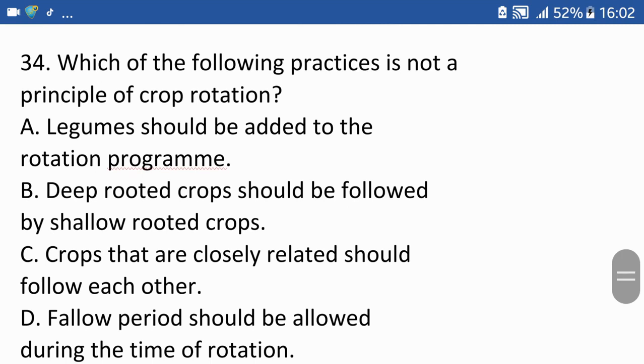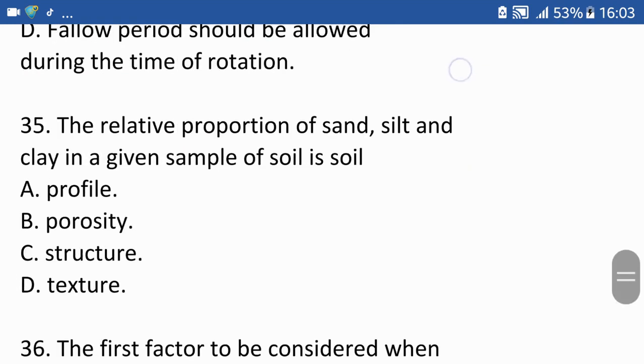34. Which of the following practices is not a principle of crop rotation? 35.